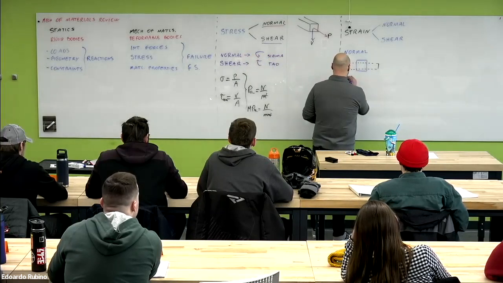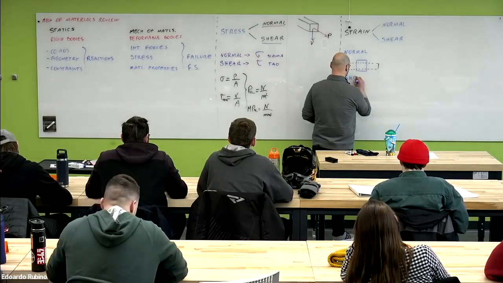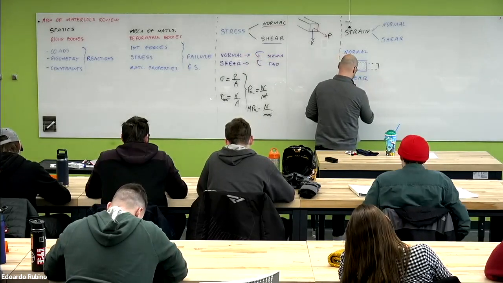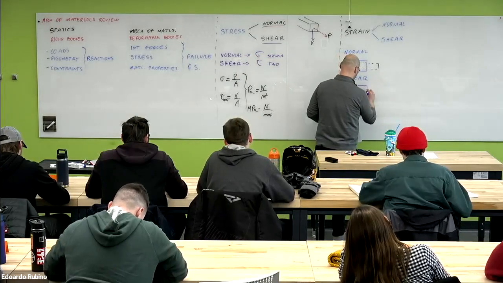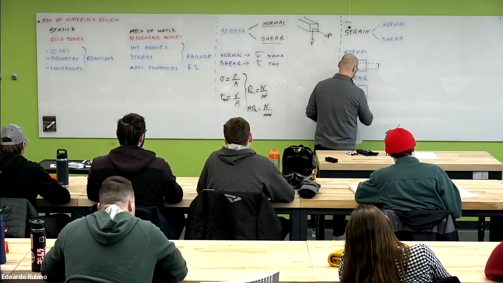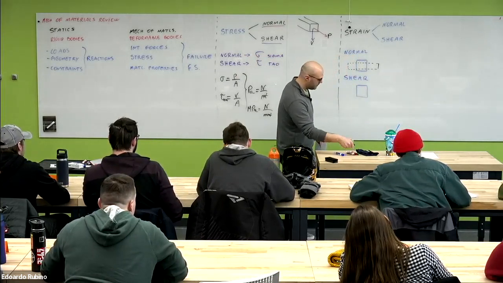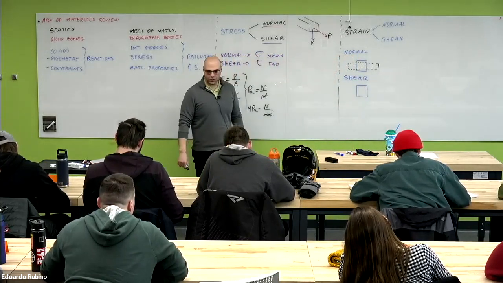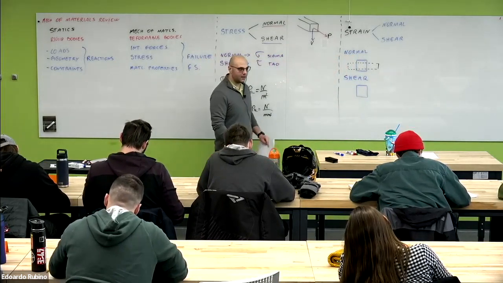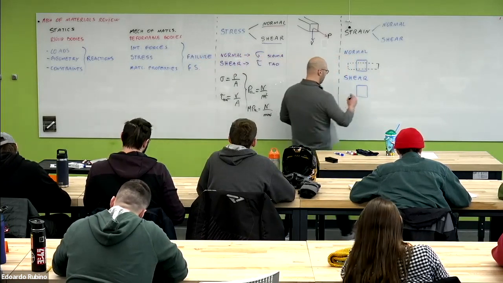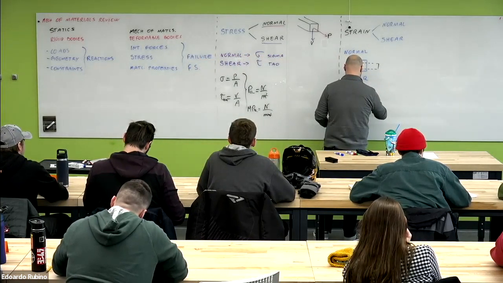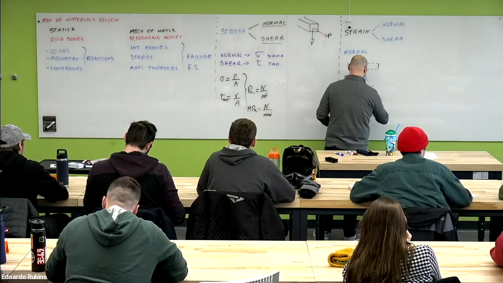So if we want to do a schematic of it, even in this case, this is the initial configuration of the element. Shear strain means that it looks like this.